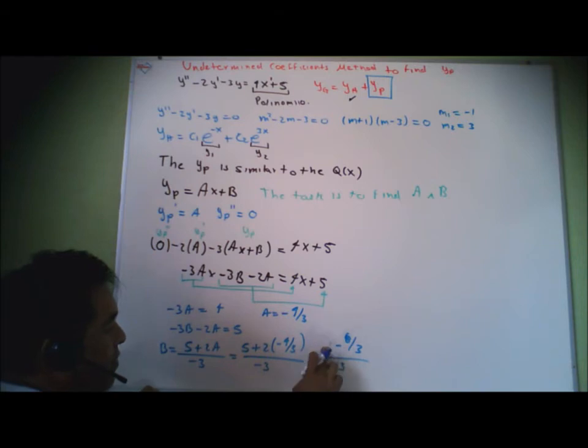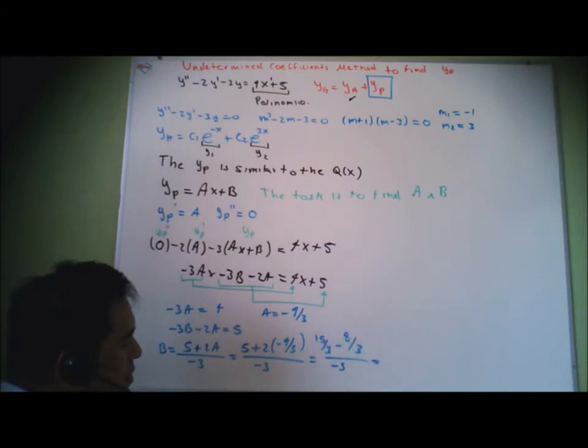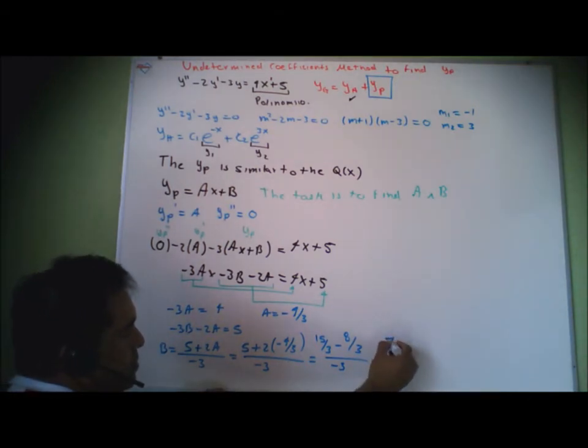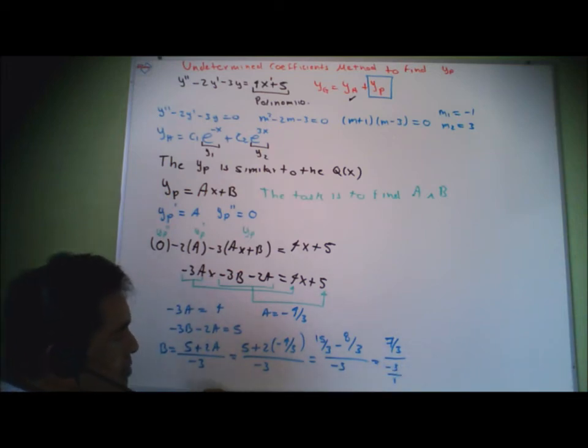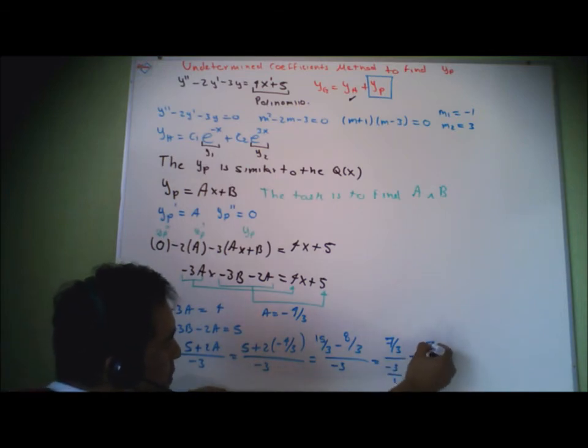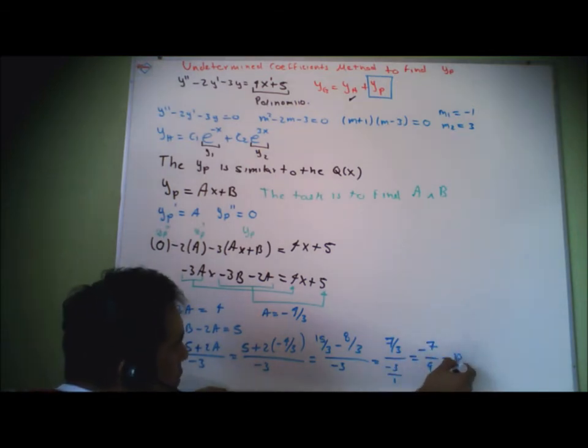This 5 in thirds is going to be 15 over 3. So 15 minus 8 is going to be 7. 7 over 3 divided by minus 3, and here we are going to apply the rule of the sandwich. So it's going to be minus 7 over 9. So that is the value of b.